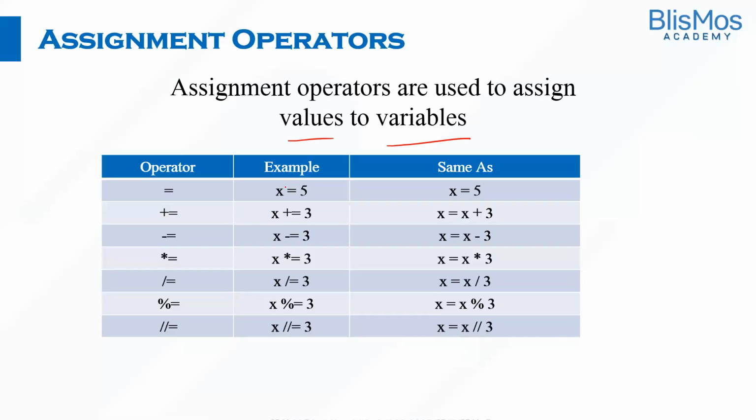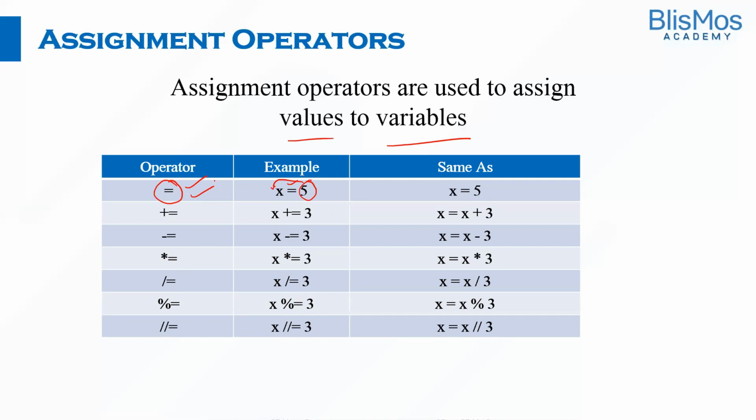For example, we have equals. This is one of the assignment operators. The way we use it is we are assigning 5 to x by using this assignment operator. And when we think about assignment operators, equals will be on the top of our head.